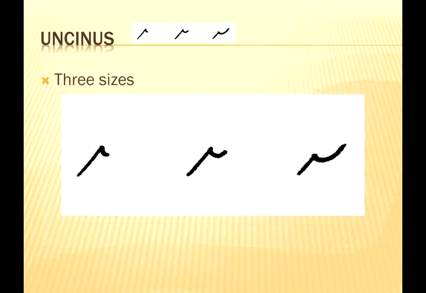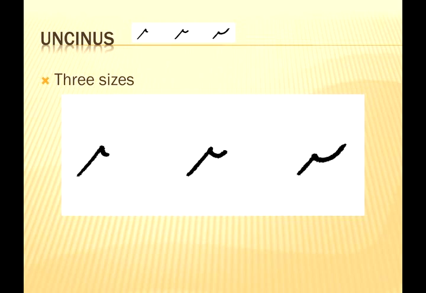One characteristic of the uncinus is worth noting here, and that is that there are different sizes of uncini, notably 3. It seems that different sizes of the uncinus are used at times to represent relatively, and that is important, relatively different syllabic values.